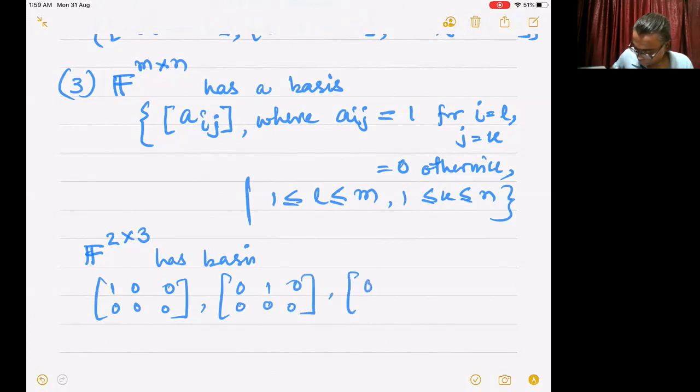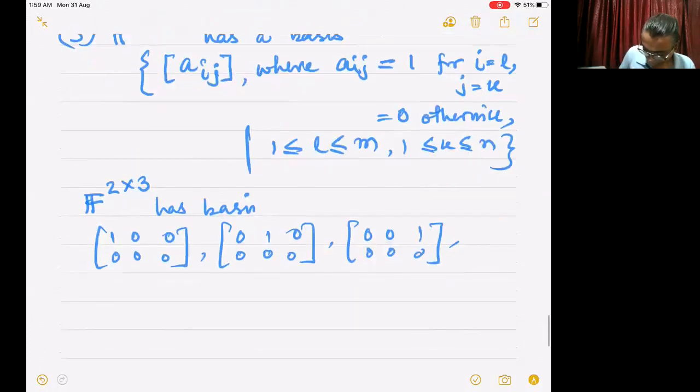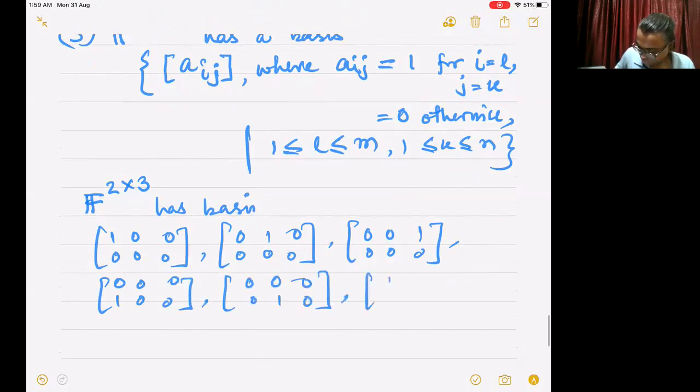Then 0 0 1 0 0 0. Then 0 0 0 1 0 0. Then 0 0 0 0 1 0. And then 0 0 0 0 0 1. Finally, this is a basis. You can tally this with the definition that I have listed out here. Think about this.